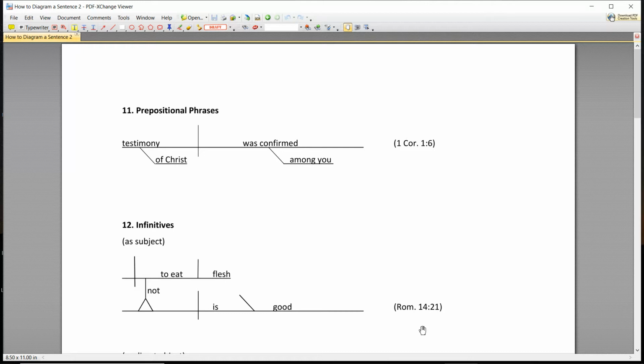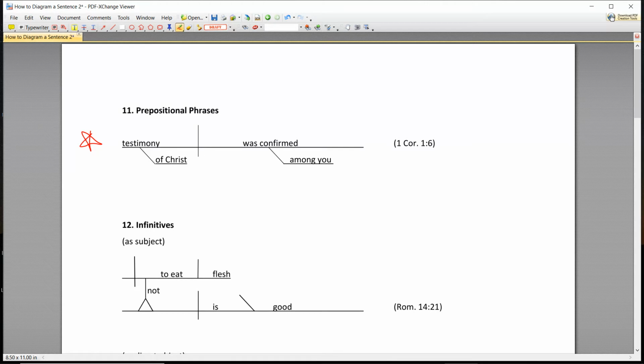So let's look at number 11, prepositional phrases, right? So it means it's a phrase, but they are prepositional phrases, meaning it's following a preposition, right? So if you look at this verse, testimony of Christ was confirmed among you, right?